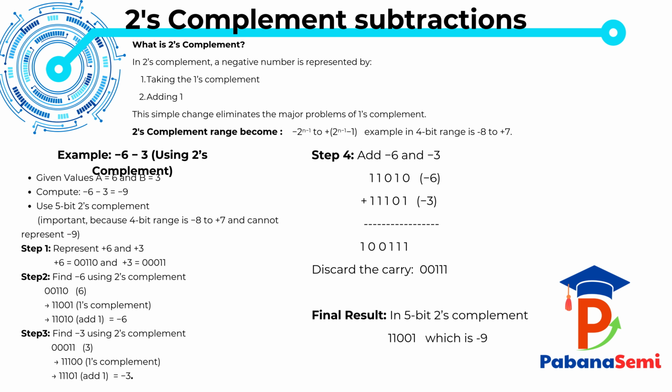Now we simply add them together. After discarding the carry, the result is 1100, which represents -9. There's no end-around carry, no wraparound, and no silent overflow. This is exactly why 2's complement arithmetic is reliable and universally used.